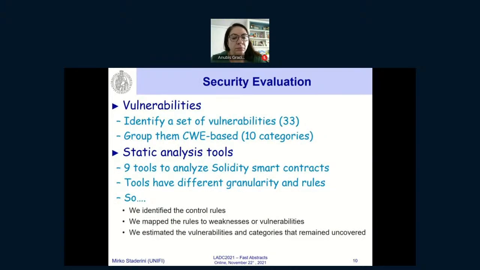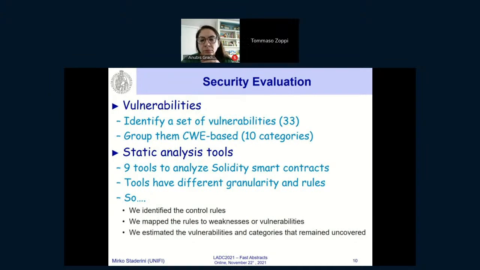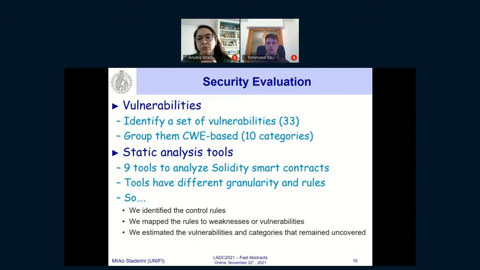Looking at online resources, research papers, and the Solidity documentation, we identified a set of 33 vulnerabilities, and we grouped them in 10 categories based on CWE. This permits us to abstract from the syntax or language and to focus on vulnerability behavior. Then we defined 9 static analysis tools to use, and each tool has different granularities and uses different rules.